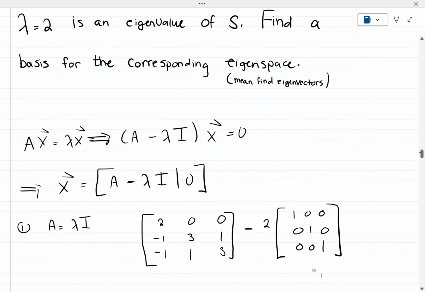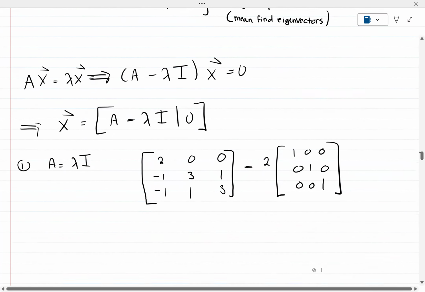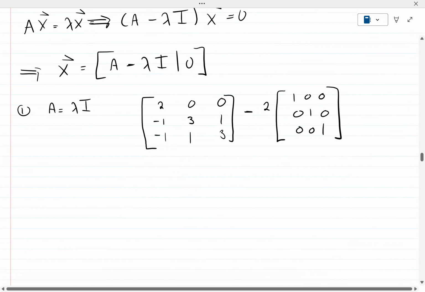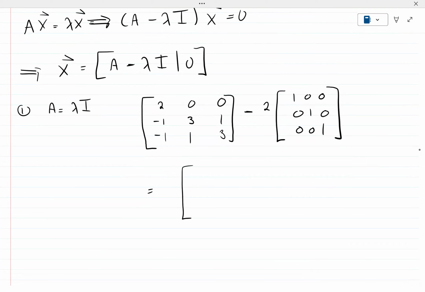So eventually what we're trying to do is do this. You want this to be like this. It's going to be 2 minus lambda, then some kind of number.